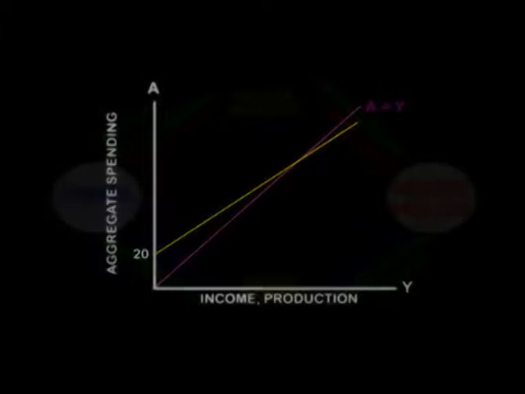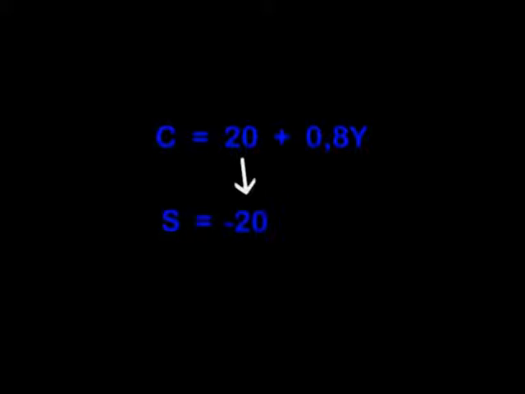We now move on to saving and investment. The savings function can be deduced from the consumption equation. We said that the autonomous consumption of 20 is taken from savings. The savings function therefore must start out with the same amount, but as a shortfall or minus value. It is therefore actually a dissaving of 20.